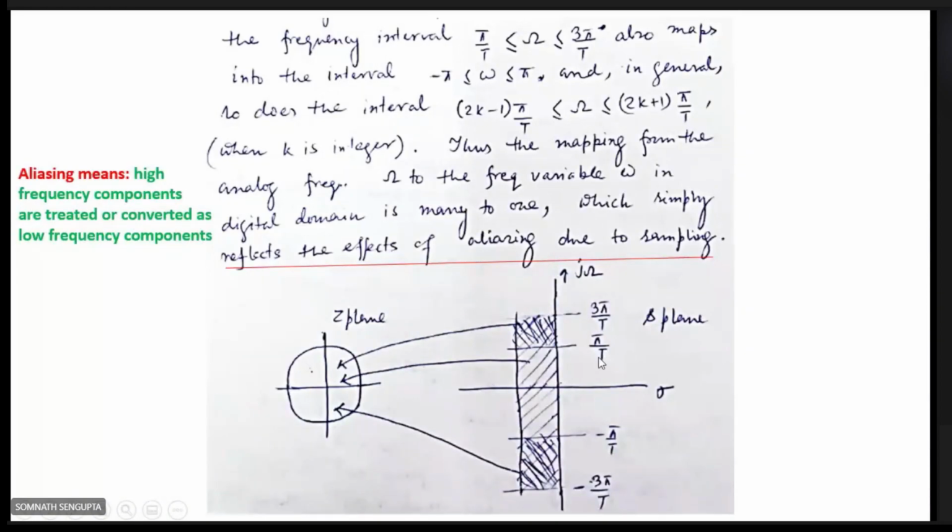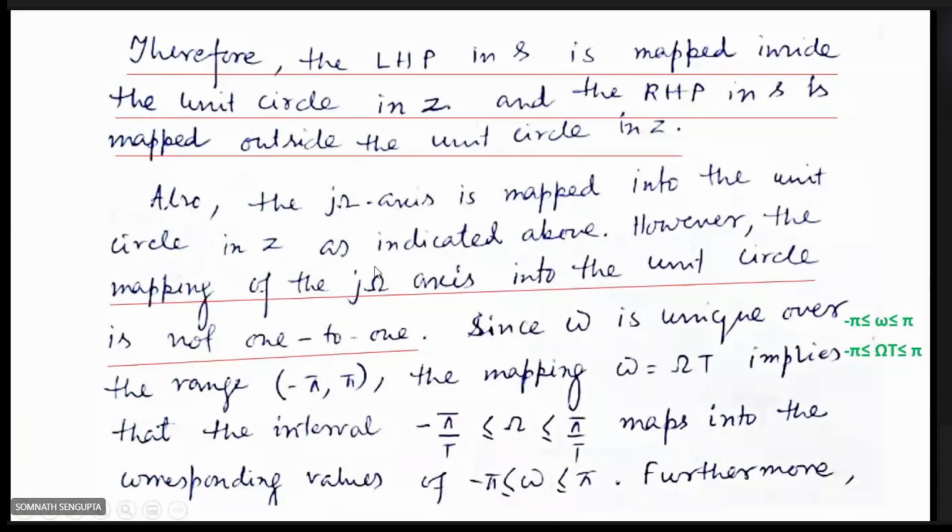This j omega is the analog or continuous frequency, and it is mapped onto the digital frequency omega. What is the range of omega? Omega ranges from minus pi to plus pi, as I have written on the right side. In place of omega, we write capital omega into T, the analog frequency.